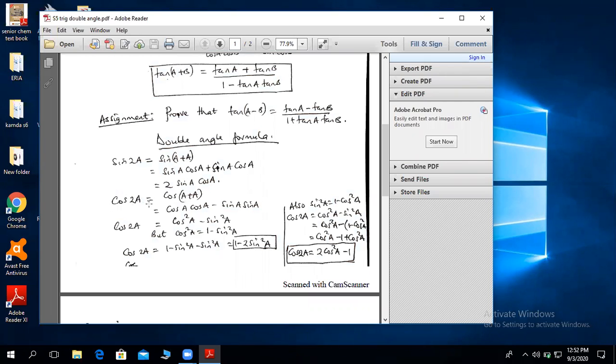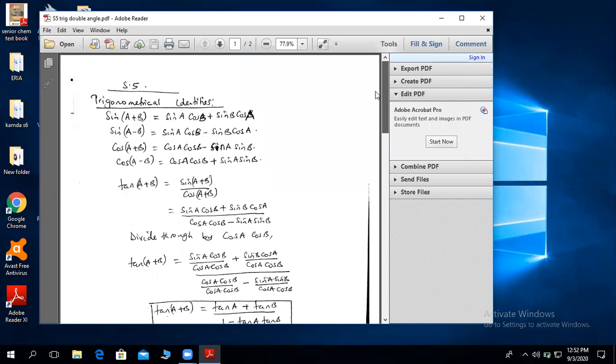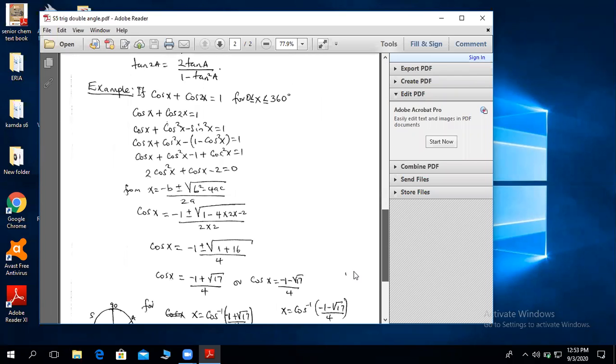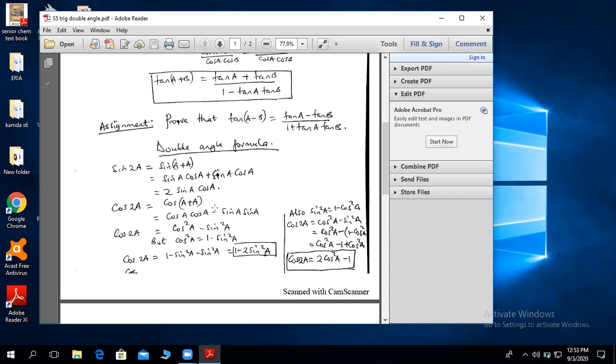Now, cos 2A will be the same as cos(A plus A), but where there was B, you realize, cos(A plus B), our identity was cos A cos B minus sin A sin B. So it will now be cos A, because I have put here A where there is B, cos A cos A minus sin A sin A. And this is what it gives us.